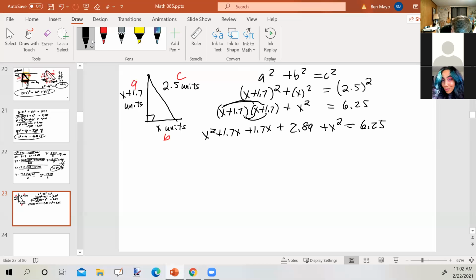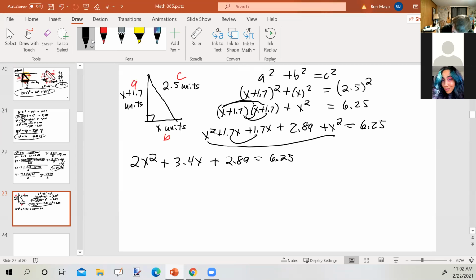Okay, combining like terms, we get 2x squared plus 1.7x plus 1.7x would be 3.4x plus 2.89 equals 6.25.